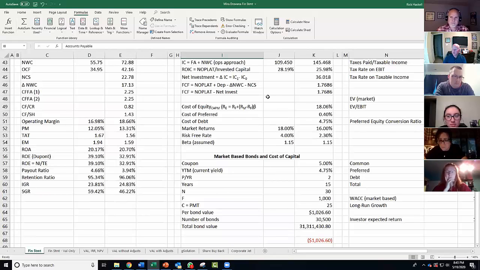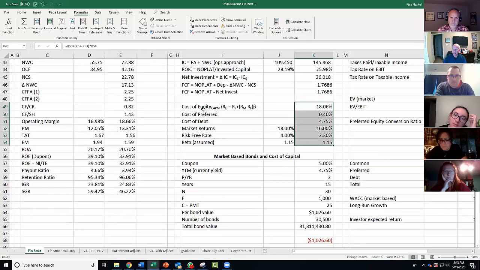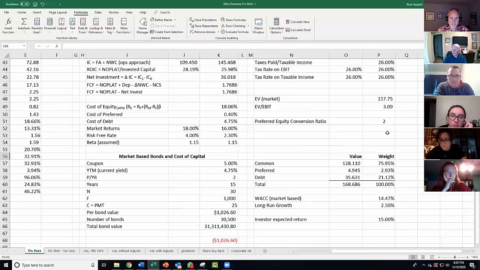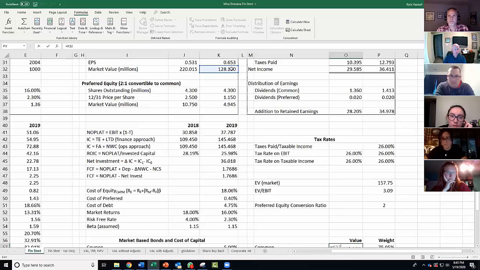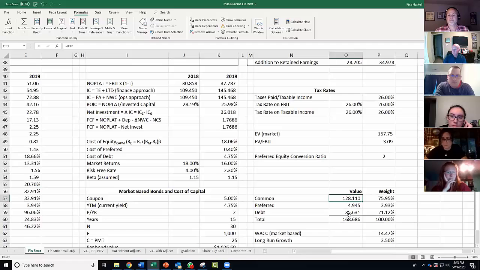And you've got now some understanding where these numbers are coming from. These are the RE, RP, and RD. You've got some understanding of where these values of weights are coming from. Notice that I took the value here directly from here. This is the market value of the common equity, and so on. And so you know where the weights are coming from.